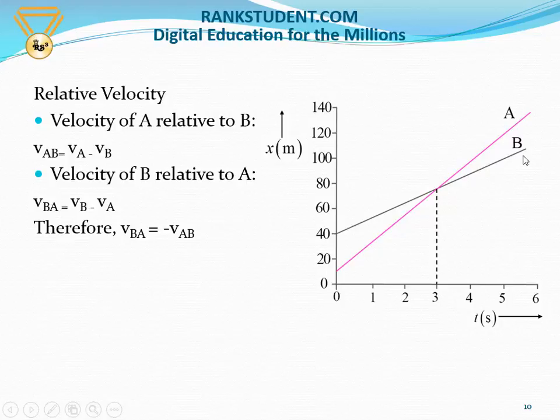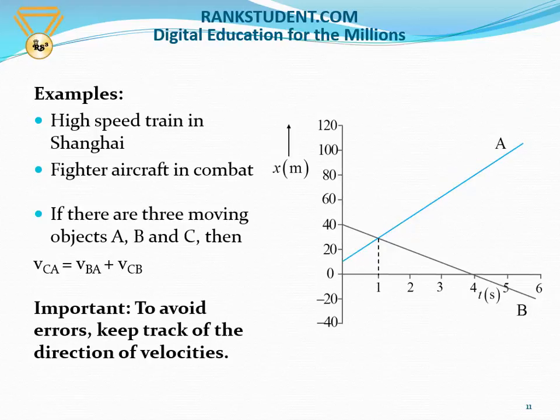Since A is moving faster than B, it overtakes B at time 3 seconds. Similarly, in this diagram on the right hand side, there are two objects A and B moving in opposite directions. They intersect or cross each other at time 1 second.